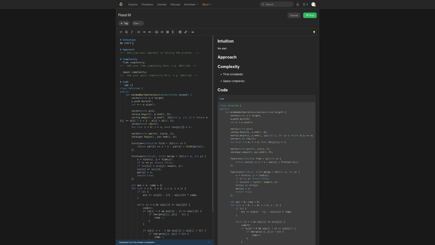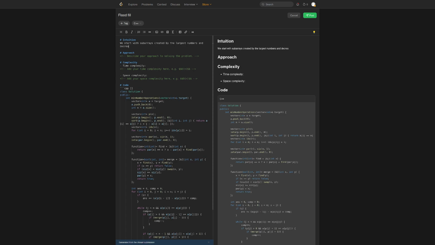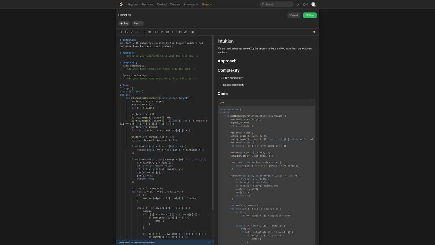We start with subarrays created by the largest numbers and decrease them to the closest numbers on their edges.